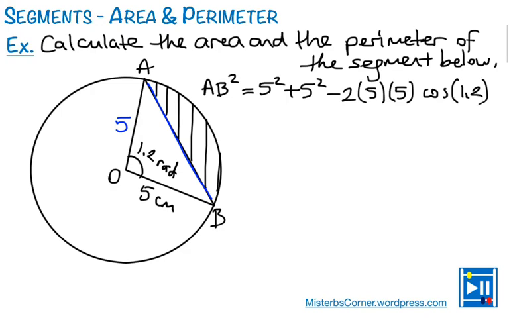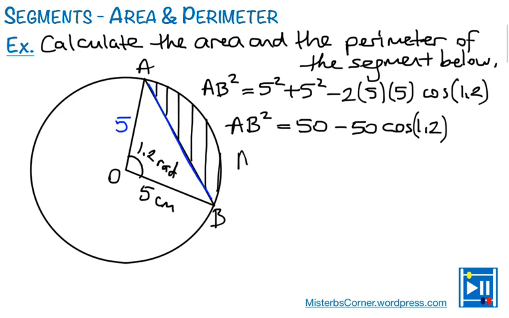And if we calculate this, I'm going to simplify this further before I use my calculator. This is 25 plus 25, 50, minus 50, because 5 times 5 is 25, times 2 is 50, cosine 1.2 radians, right? So make sure that you adjust your calculator to radian measure before doing the calculation.